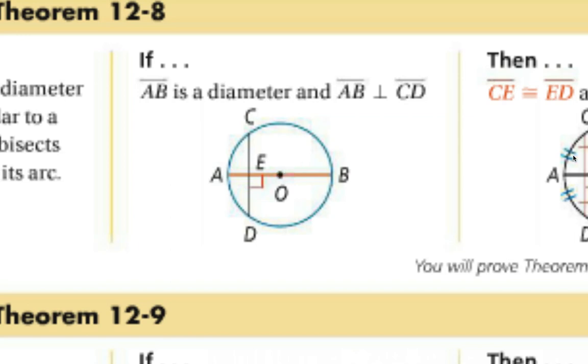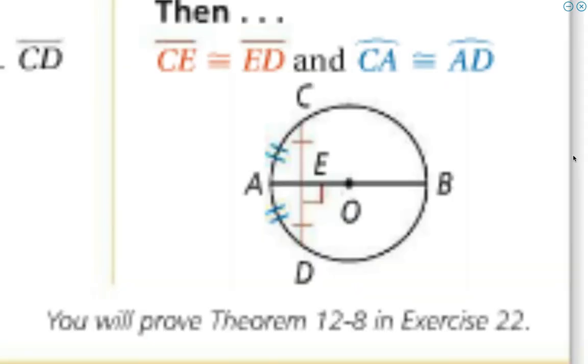So the idea that it goes right through it at a 90-degree angle makes it split that chord CD into two congruent halves. Notice we have the two hash marks, and then we also have the hash marks on the arc saying that arc CA and AD are congruent.